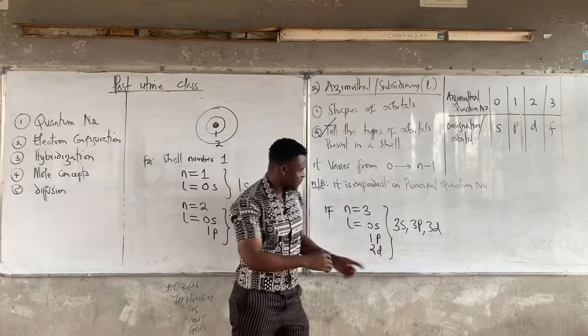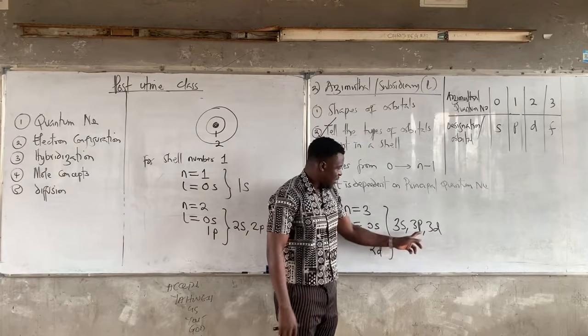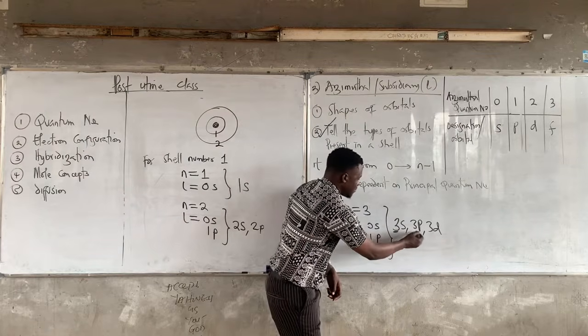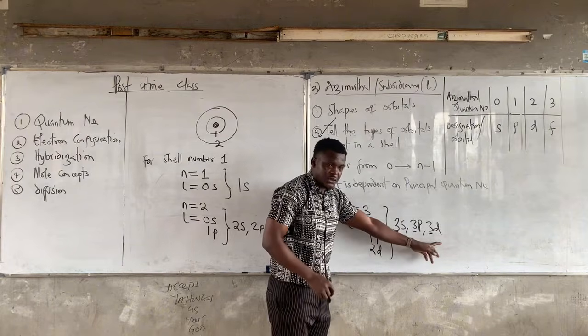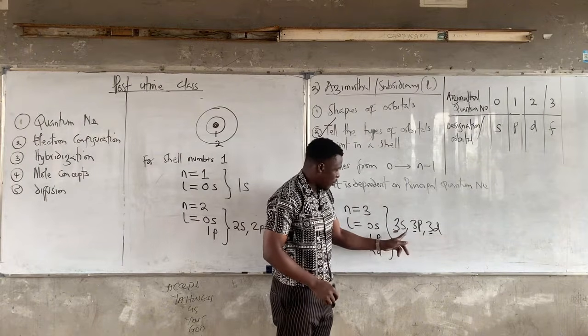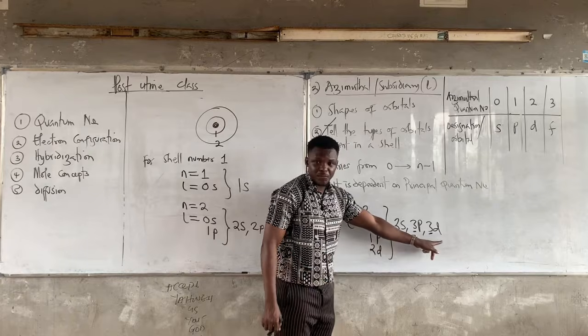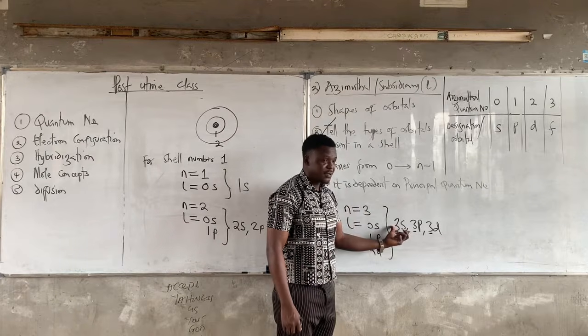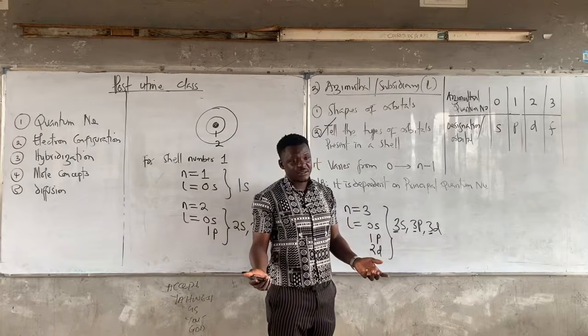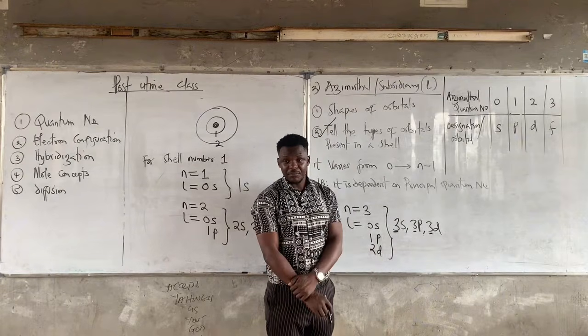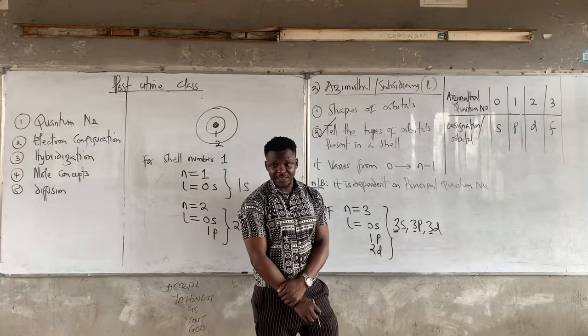Class, look up. If you noticed, the shell here is 3. They have something in common here, 3. But here is S, here is P, and here is D. So that means 3S, 3P, and 3D are subshells. It's just like you and your siblings. All of you have the same surname, but the first name is not the same.